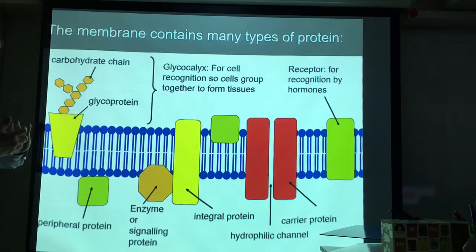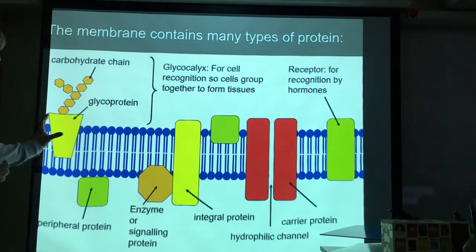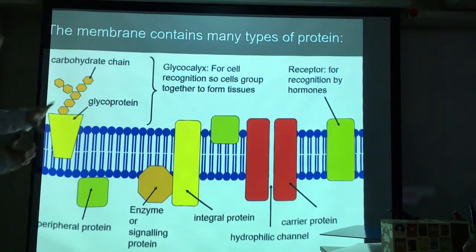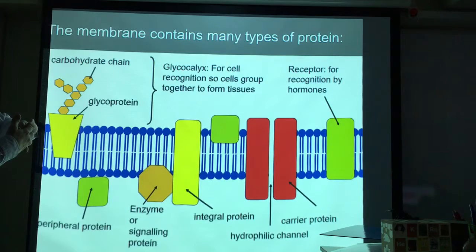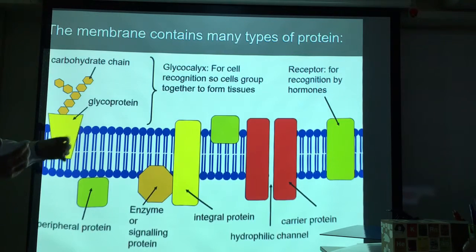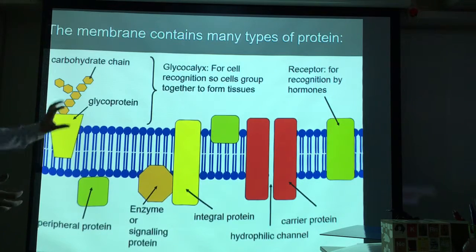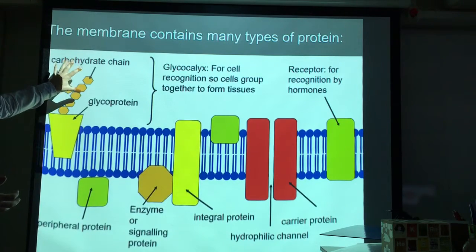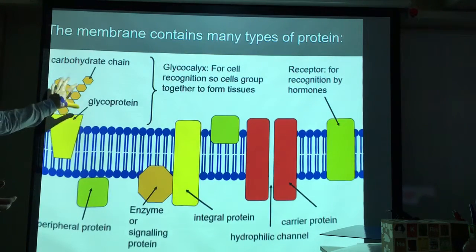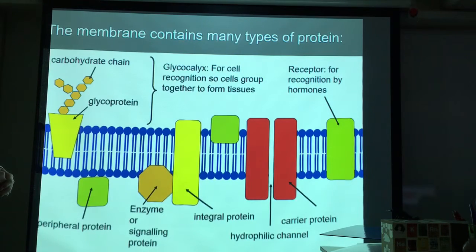So imagine 2 cells coming together, they would be able to, if there's a conformational fit, which means shape fit, once again, a bit like active sites and enzymes, they'd be able to interact because they have got a complementary shape due to the glycoproteins here.